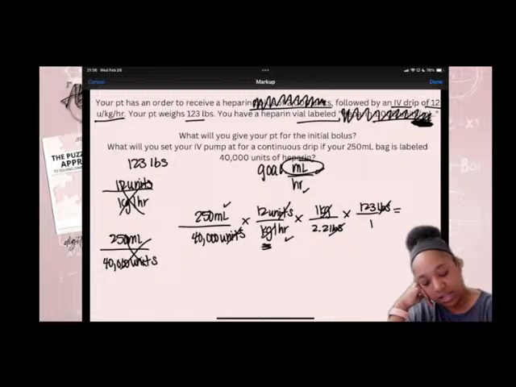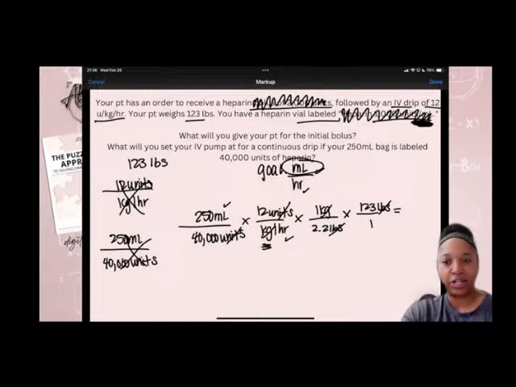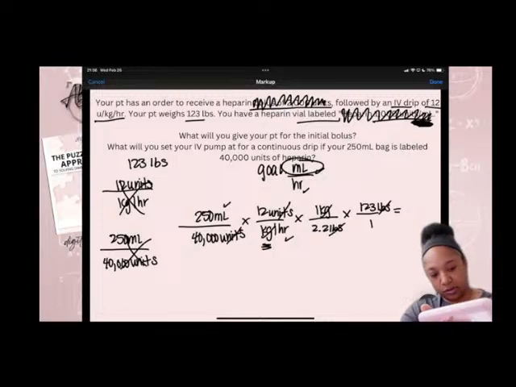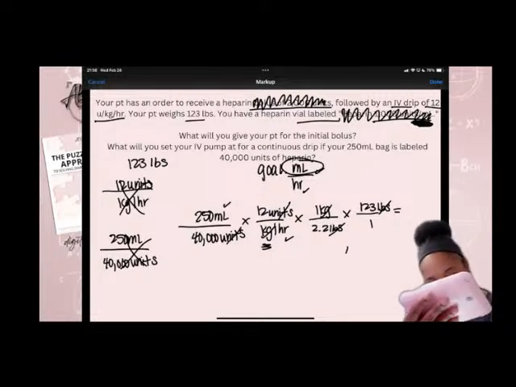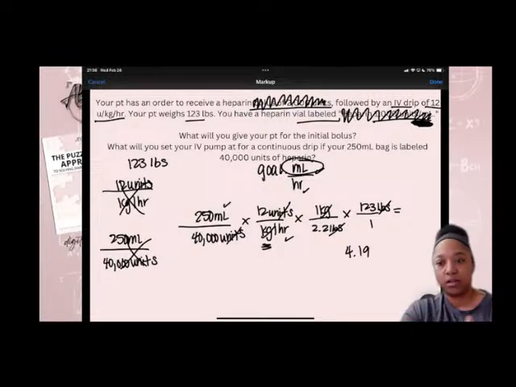And everything is gone except for milliliter per hour. So 250 times 12 times 123 divided by 40,000 divided by 2.2. So I got 4.19.